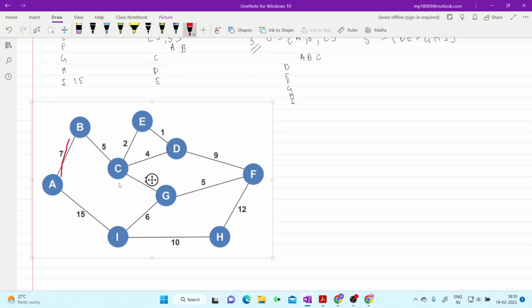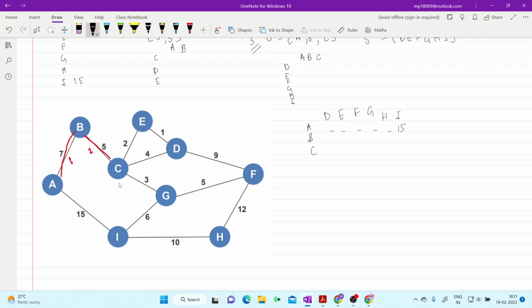So our first edge was AB, then it was BC. Now we have to find the minimum cut edge for this partition ABC, and this is D, E, F, G, H, I. So now if we see this, we have AI, so all these are blank and this is just AI.